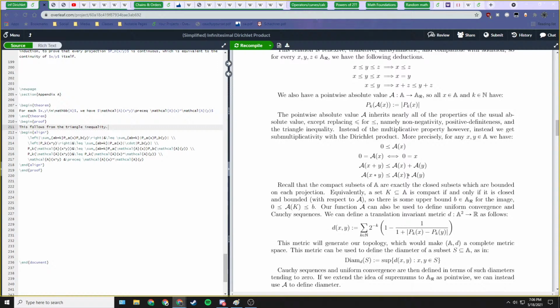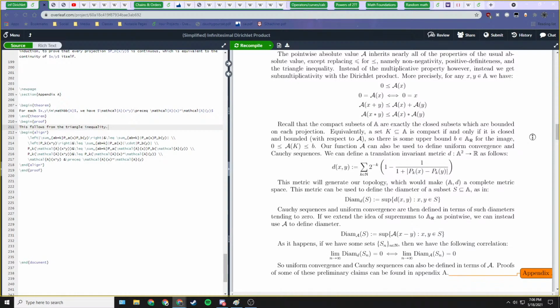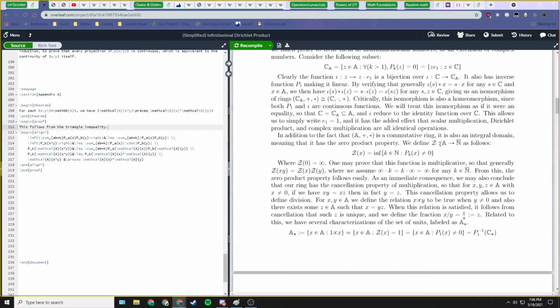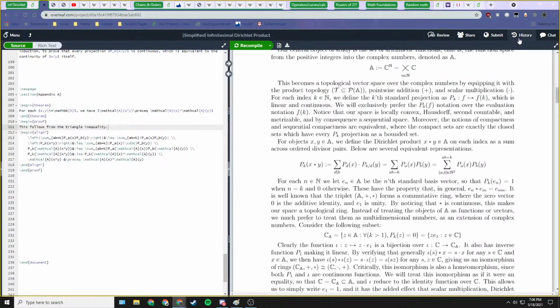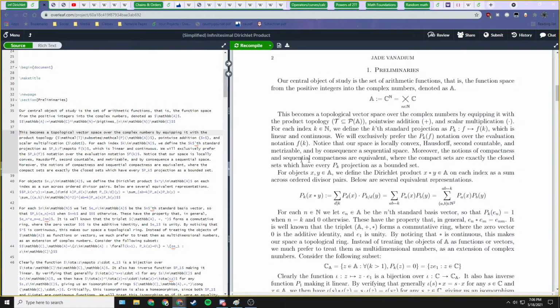So moving on from that, our next observation is a characterization. I briefly mentioned this way back in the beginning: the notions of compactness and sequential compactness are the same thing in this topology.